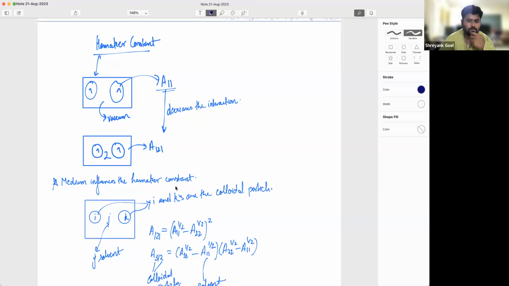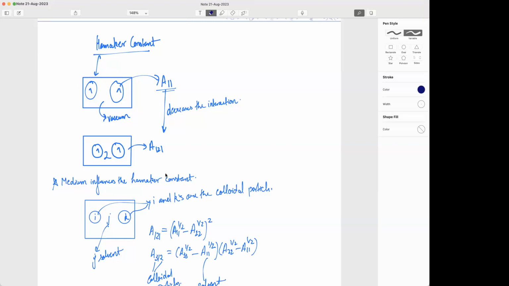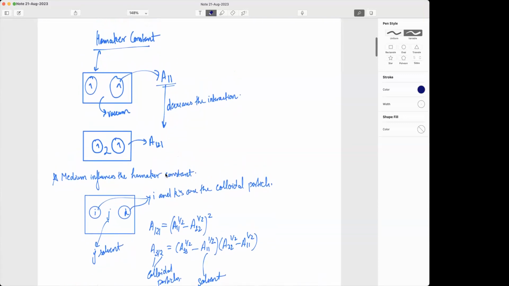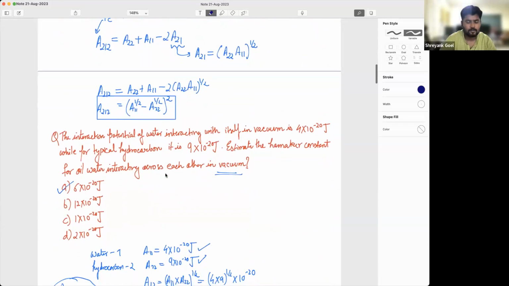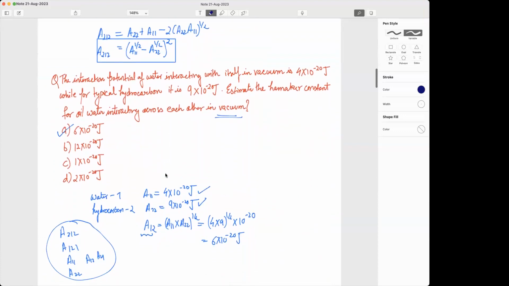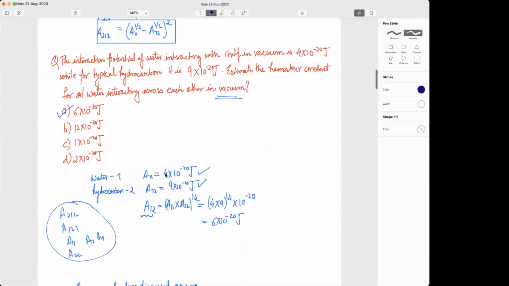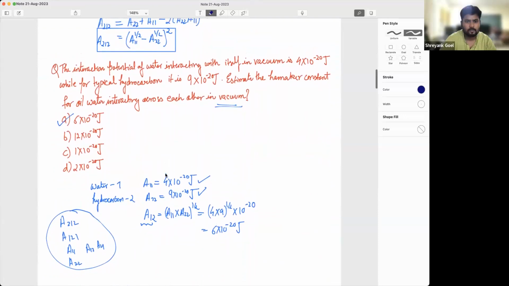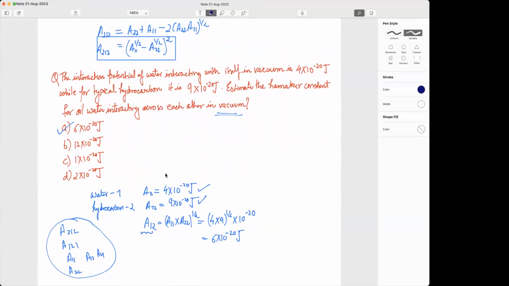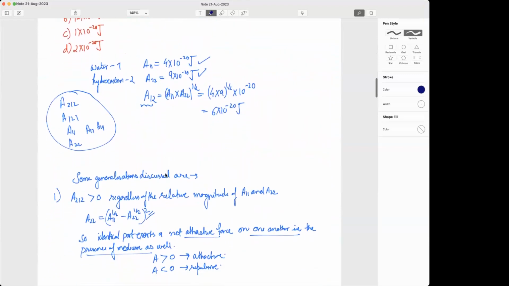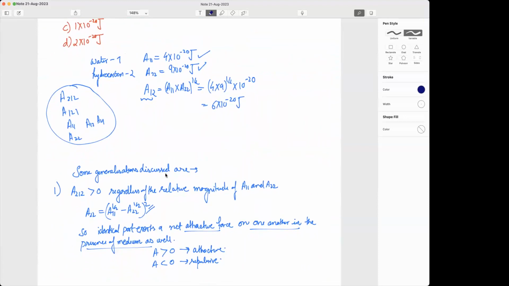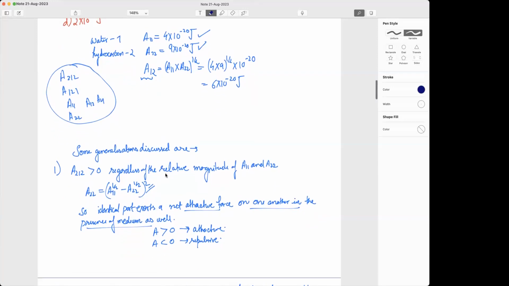Next problem, please, the one that you have worked out. Yeah, one second, please. Let me read the questions. Understood. Can you scroll a little bit lower if you have discussed it? Identical particles.